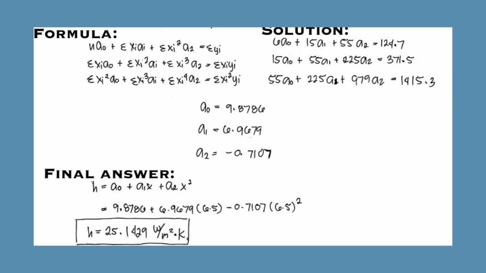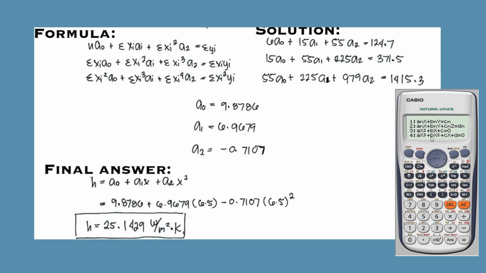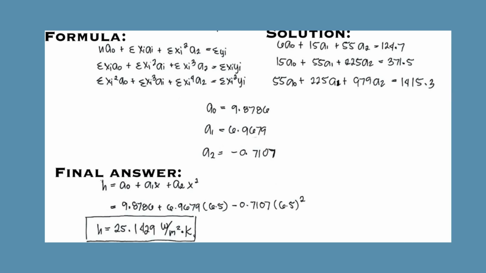So put it in mode, then 5 for equation, then find the 3 unknowns. We're going to input the numbers. Here you can see x is equal to 9.8785, so that is a sub 0.